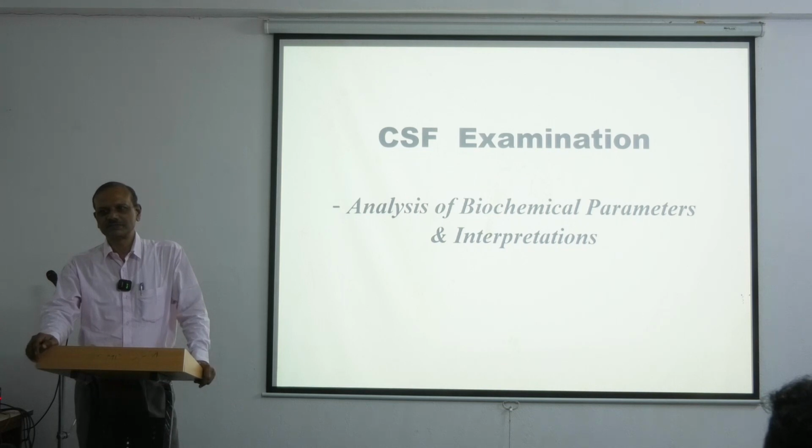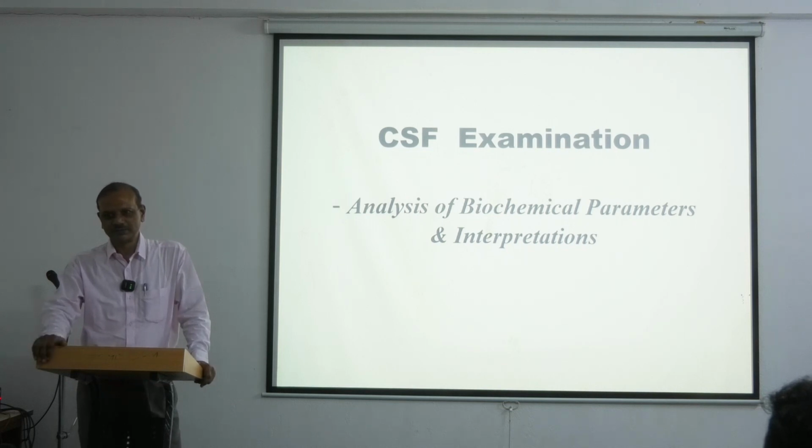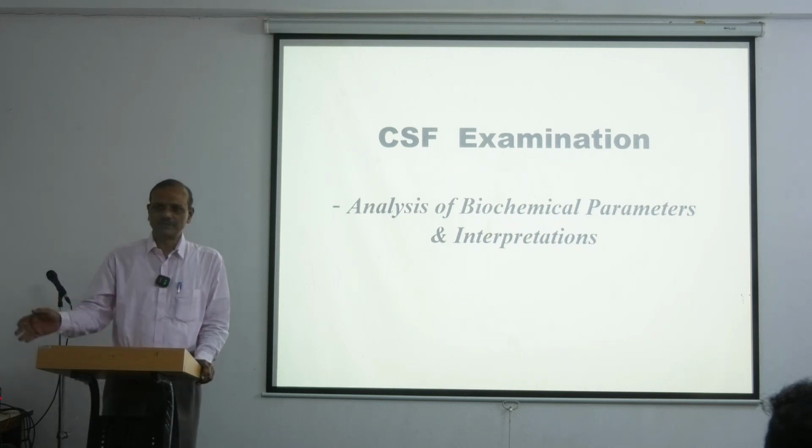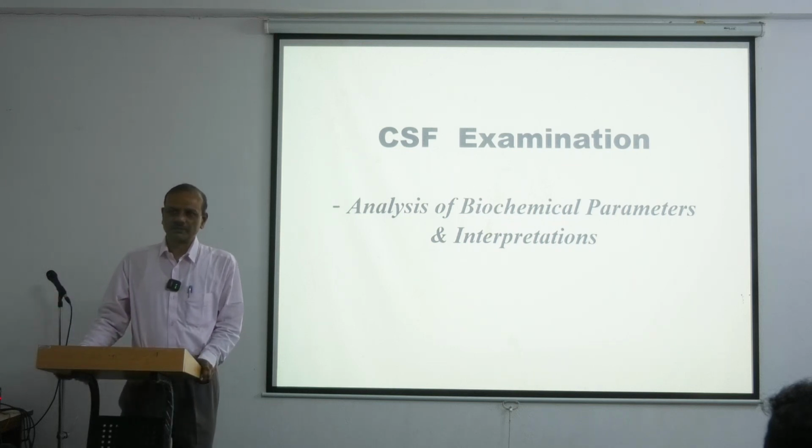And meningitis is classified into three types mainly, regardless of its actual causative agent. One is viral. There are so many viruses which can cause viral meningitis. Usually meningitis is associated with encephalitis also, because these meninges are covering the brain.